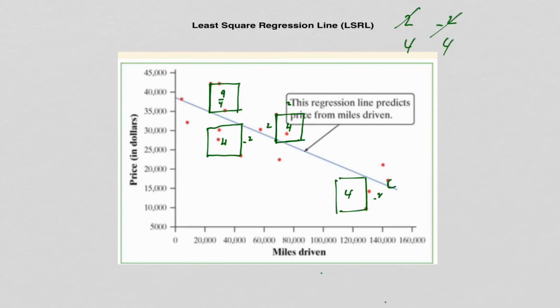We're going to create a square, and we're going to call it 1/4. And what they did is they add up those areas, all of them. And the one that gives you the smallest sum of the squares is your best fitted line. So it's called the least square regression line. That's where the idea came from.